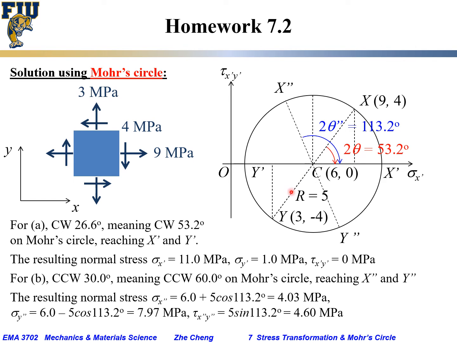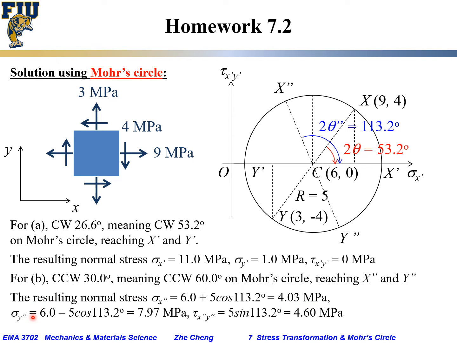That angle is 53.2 plus 60, which is 113.2, and then this x prime would be 6 plus the radius times the cosine of 113.2, and that turns out to be 4.03 megapascal.